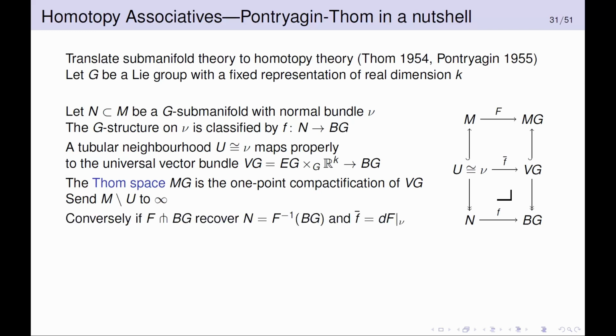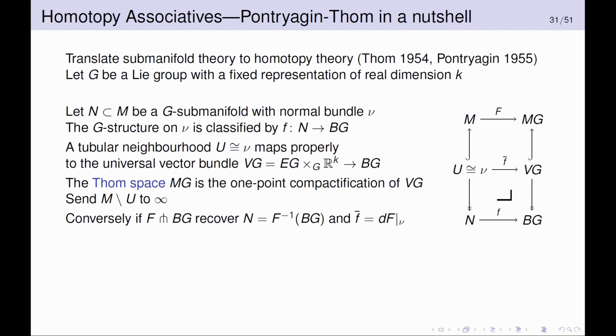The other direction is easier. If you have such a map, capital F, and you bring it into general position, then it will be transversal to BG. And you can view BG as a submanifold of codimension k in M_G. Of course, BG and M_G are infinite dimensional and only well defined up to homotopy, but you can still make the statement, and it's still meaningful. So if you are transversal to that submanifold, then you take its preimage, call it N, and you find out that you can get the map F bar over there by taking the derivative of capital F restricted to the normal bundle.